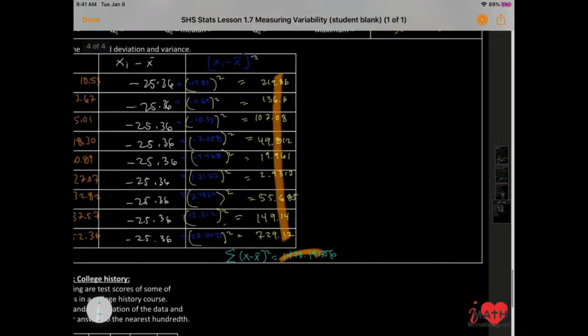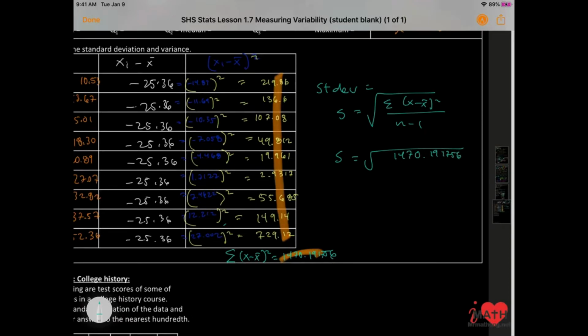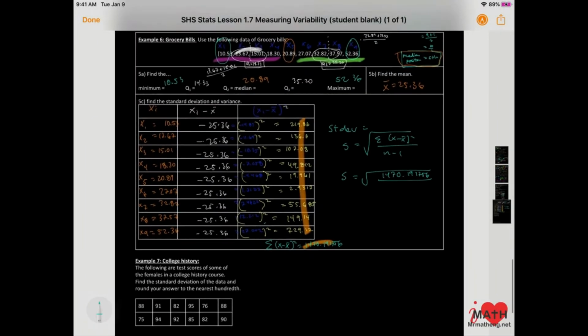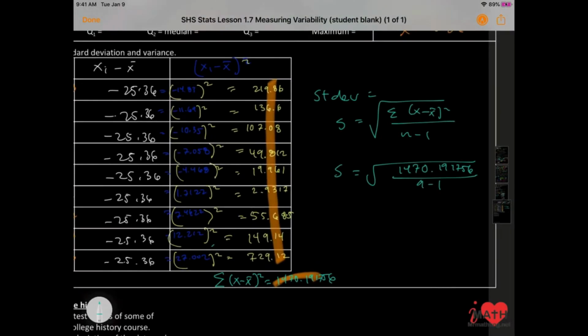Okay, almost there. So the standard deviation, the formula is S equals the summation of all of those numbers you just did squared divided by n minus 1. So if I take all those numbers, now I get 191,756, and then our n value was, there were 9 numbers, so 9 minus 1.